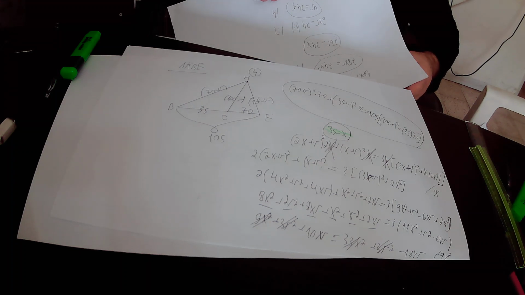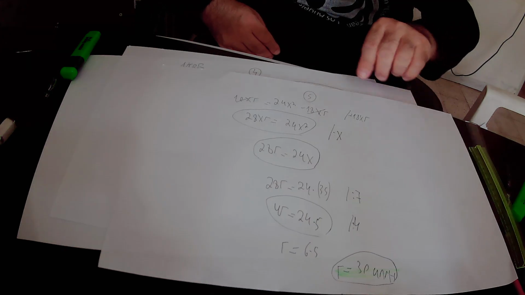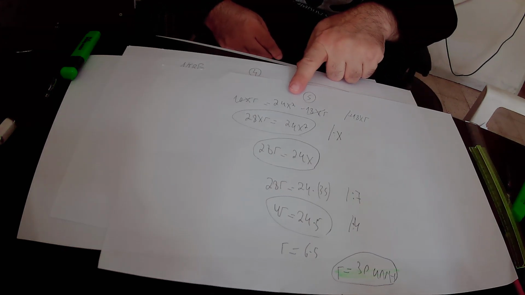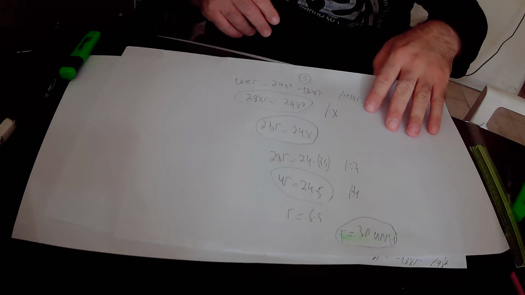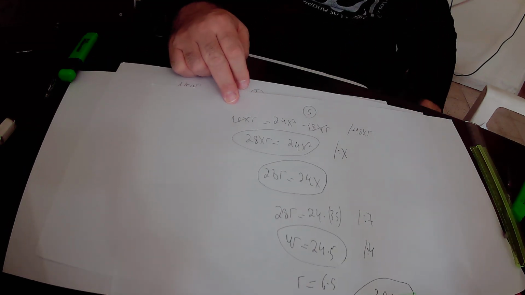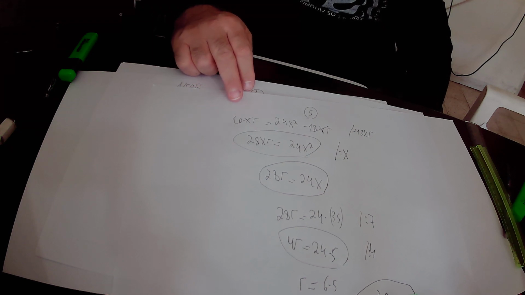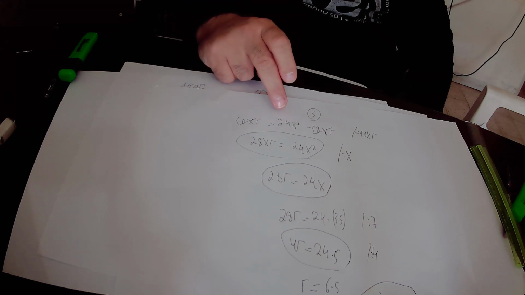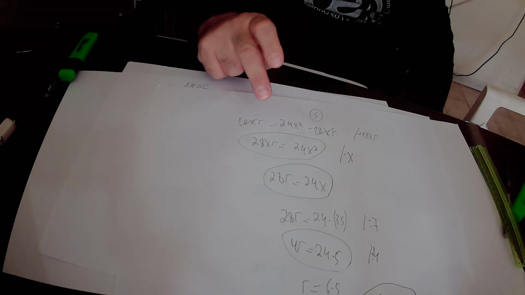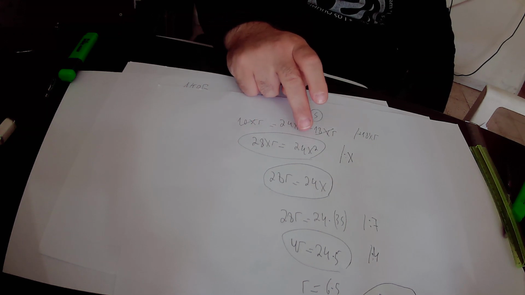So we have 24x squared minus 18xR equals 10xR. Here we added 18xR to this equation and found out that 10xR plus 18xR is 28xR. On the other side of the equation we have 24x squared. So in conclusion we found out that 28xR equals 24x squared.